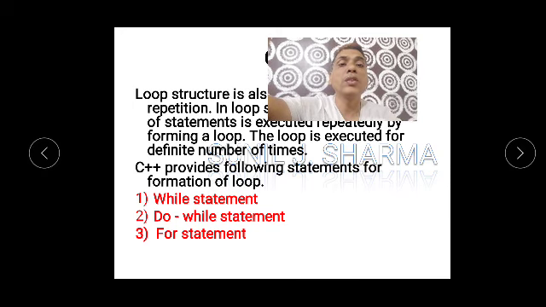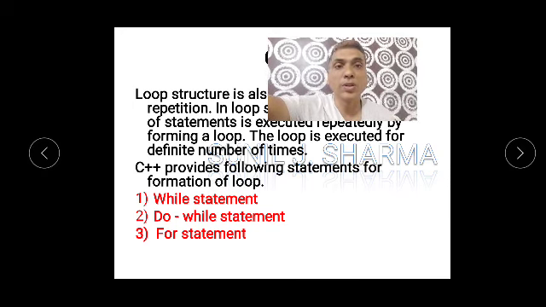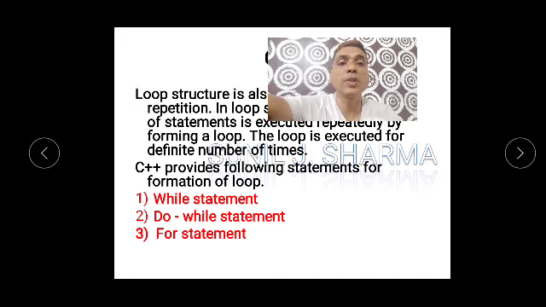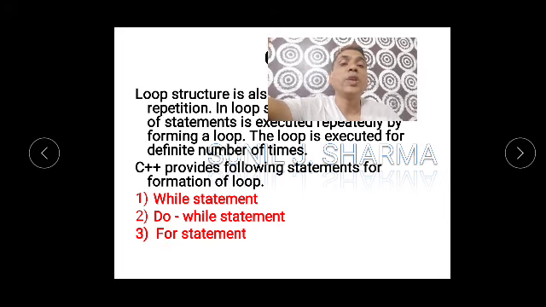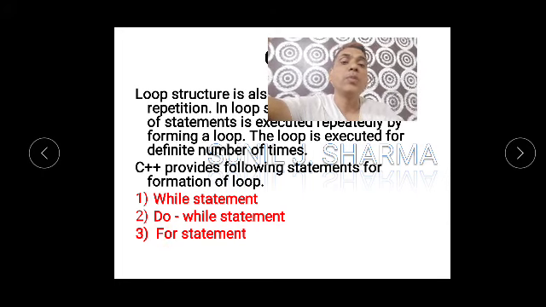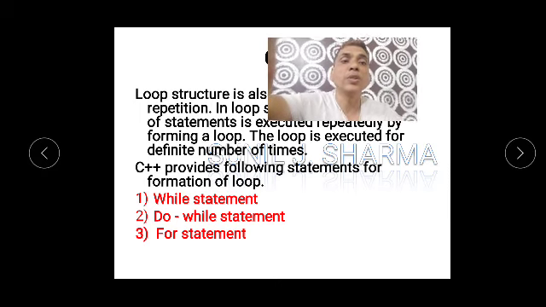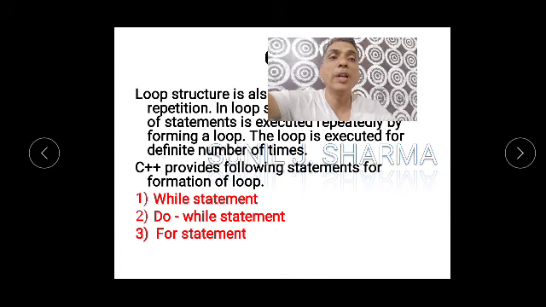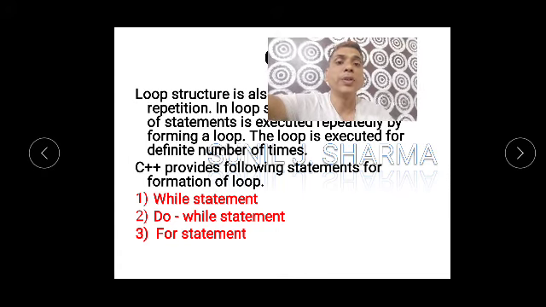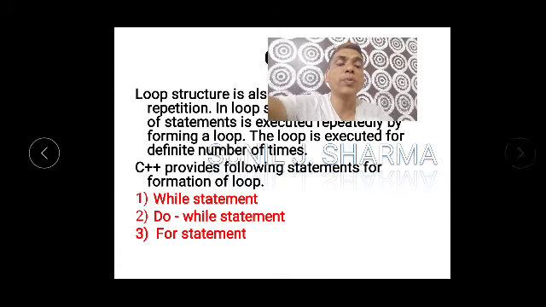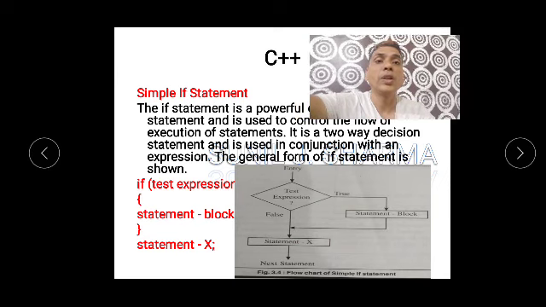So these are the three types of loops in C++: while loop, do while loop, or for loop. Or you can say while statement, do while statement, and for statement. I think this time we will not see the loops, but definitely we will have branching. Branching we have already seen.